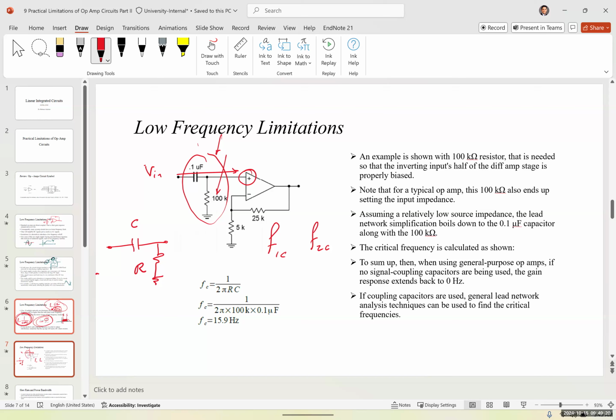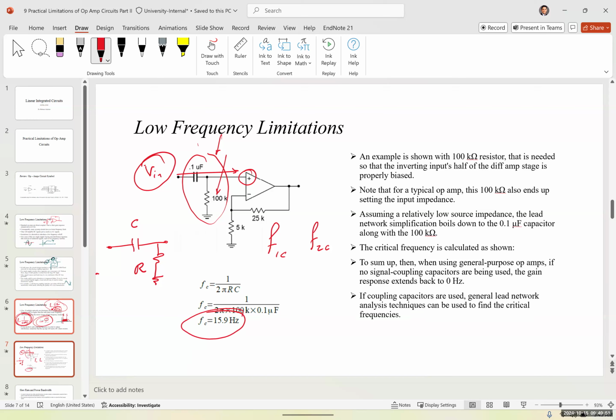Assuming a relatively low source impedance, the network simplification boils down to the 0.1 microfarad along with the 100K. The critical frequency is calculated as shown: FC is 1/2 pi RC, which is 1/2 pi times 100K times 0.1 microfarad, which gives us 15.9 hertz.